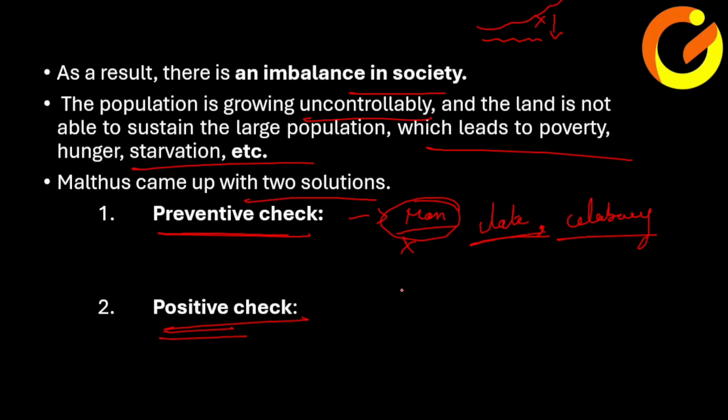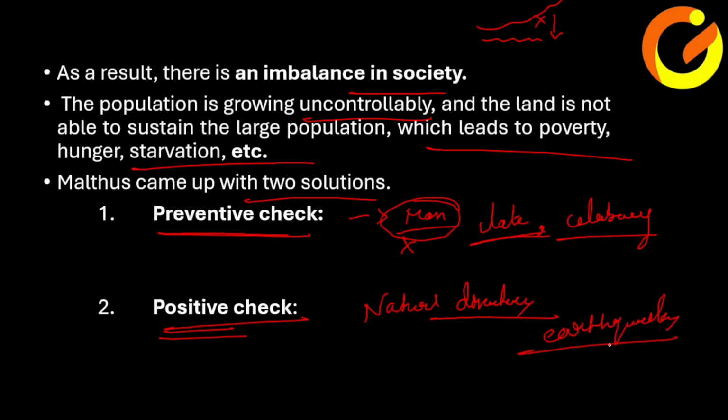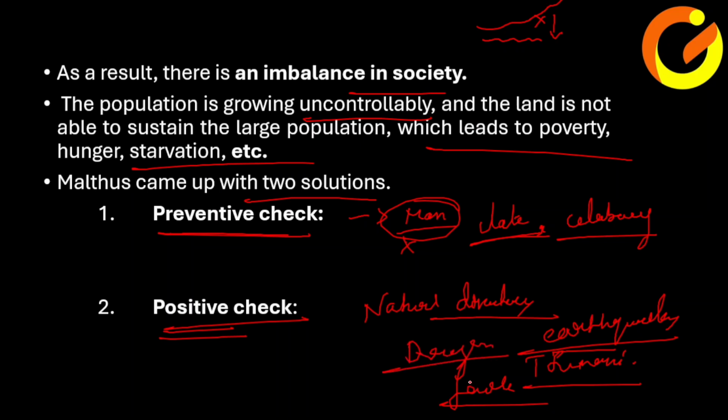He says positive checks meaning the natural disasters. The natural disasters are going to take place. Many people die because of natural disasters, such as earthquakes and tsunami, right? The earthquake, tsunami, the famine, or drought are all going to decrease the population automatically.